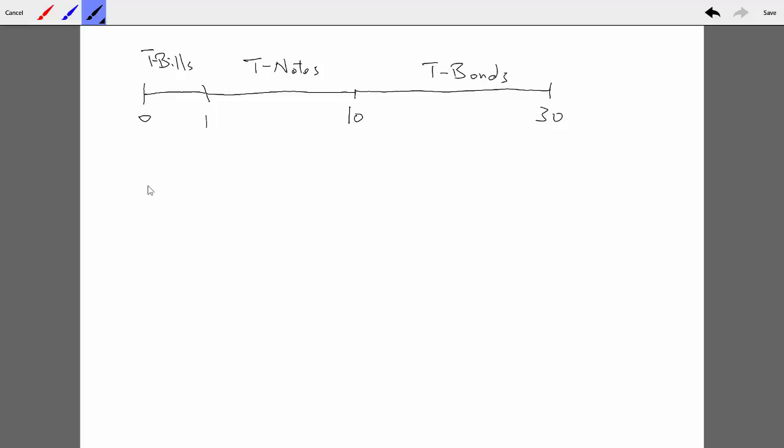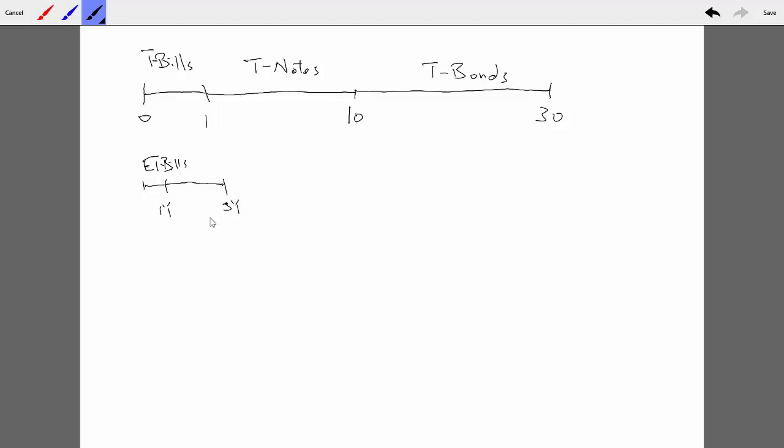What they did have was, I think, these exchange fund bills, which I think went up to 1 year, and then they had exchange fund notes that went up to 3 years.